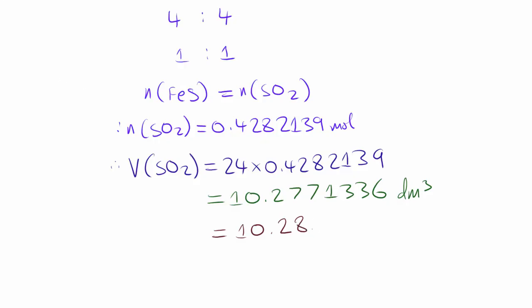I do not need a decimal there. I mean, it's not an IP address. 10.28 decimeters cubed, and you can write that to two decimal places. So in this particular case, the volume of SO2 is going to be 10.28 decimeters cubed to 2 decimal places.